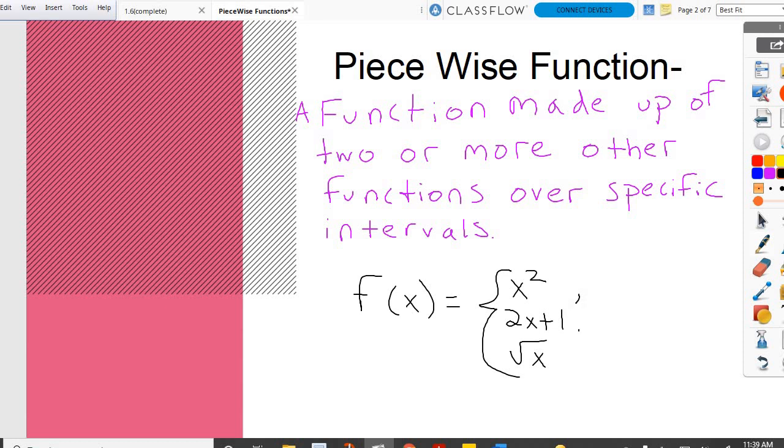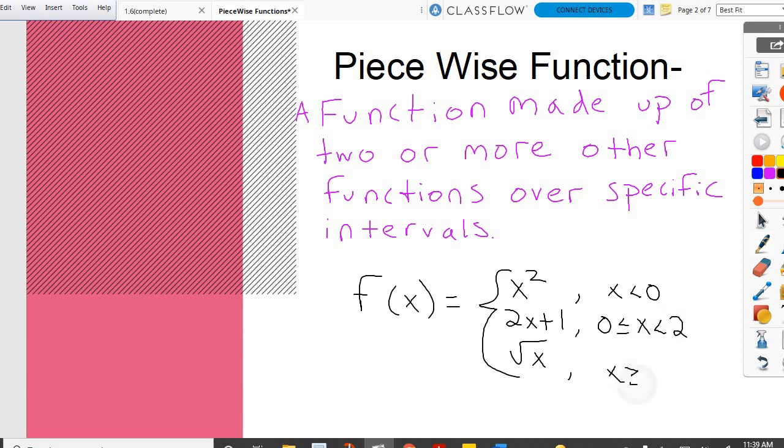And then listed over to the right are going to be what we call your intervals or your restrictions. So basically we could say that my first piece I'm going to use when x is less than 0. My second piece I'm going to use when x is greater than 0 but less than 2.